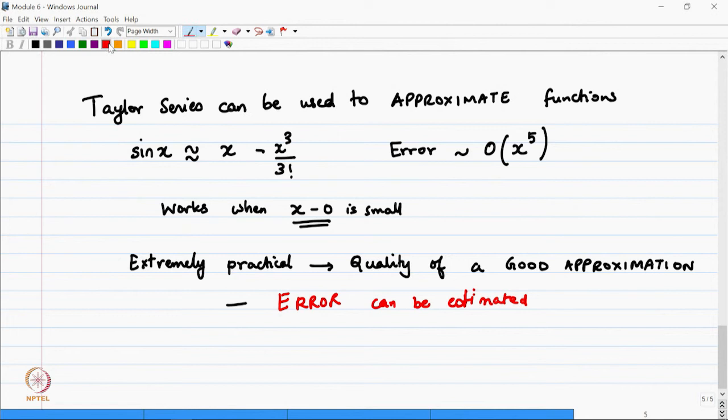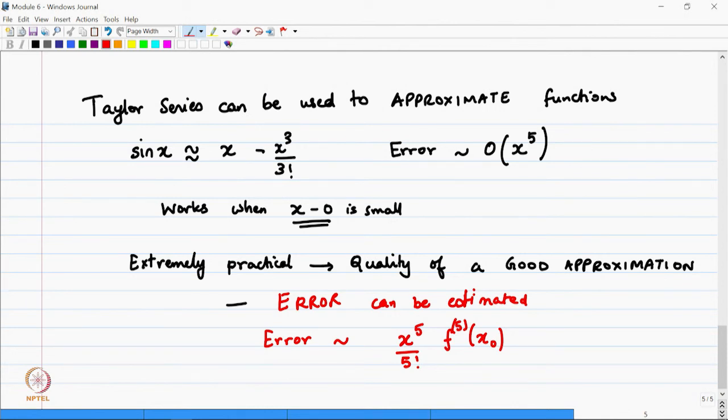In fact, we can put a more practical estimate of the error. The error goes as x raised to 5 divided by 5 factorial times the fifth derivative of f at some point. This is an estimate of the error.